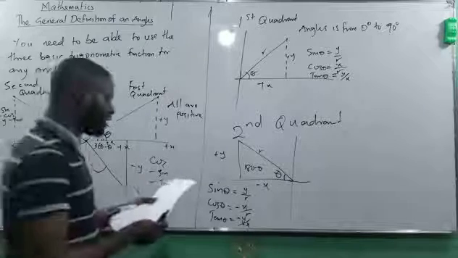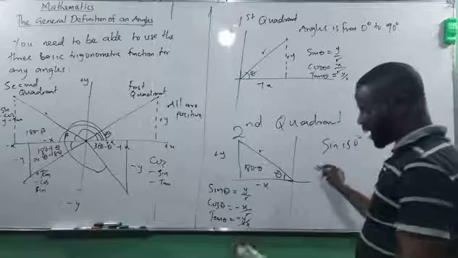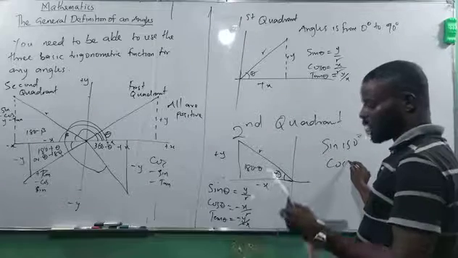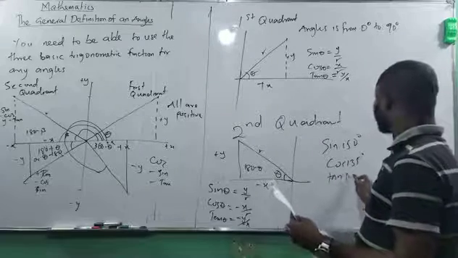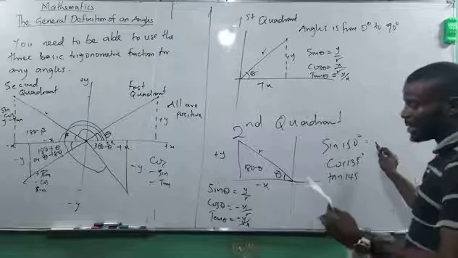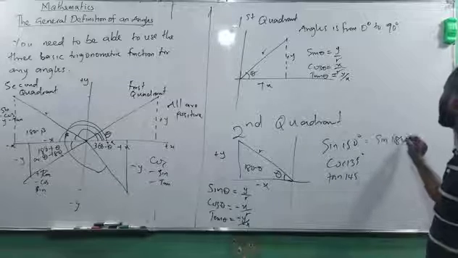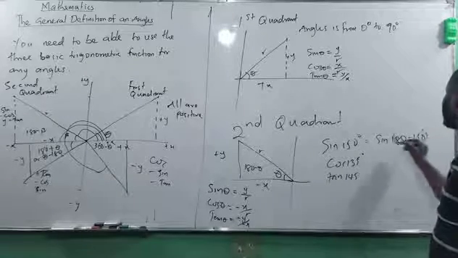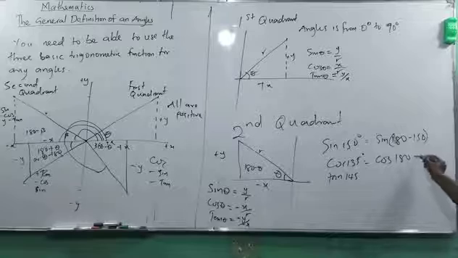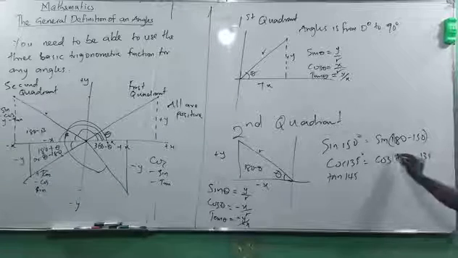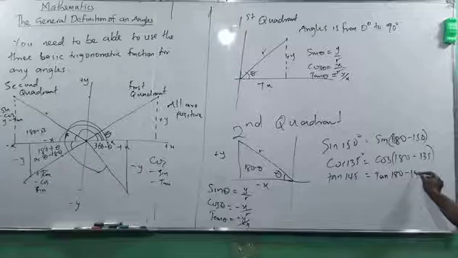Now, let me lay more emphasis on it. For instance, I have sine 150 degree, cos 135 degree, and tan 145 degree. Now look at this. This one implies sine of 180 degree minus 150 degree, this one will be cos of 180 degree minus 135 degree, and this one will be tan of 180 degree minus 145 degree.